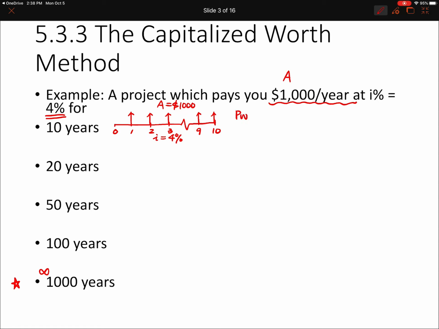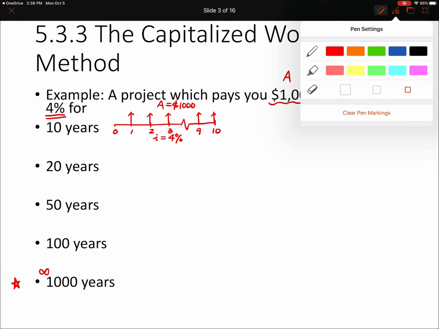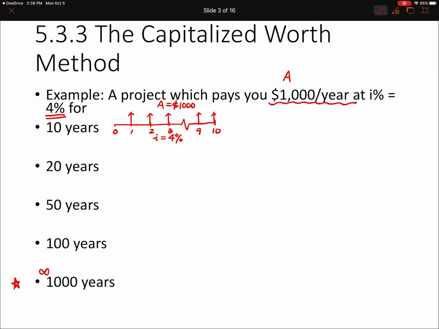Because you don't have to convert anything that already happened at present. So how do you calculate the PW from A?